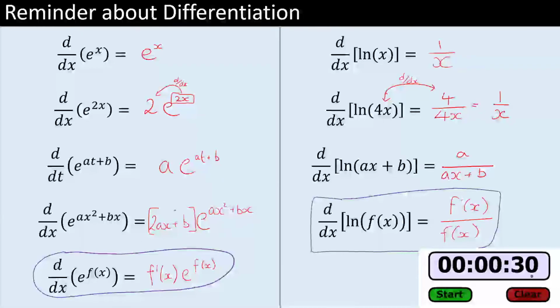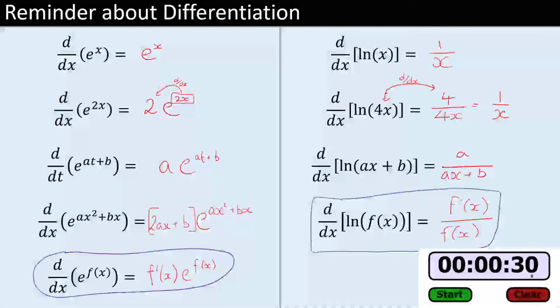We need to be really on top of remembering those. I'm not going to beat around the bush, we need to know those things. We need to know how a logarithm differentiates, and how an exponential differentiates as well. But this is all a recap, that we have looked at this before.